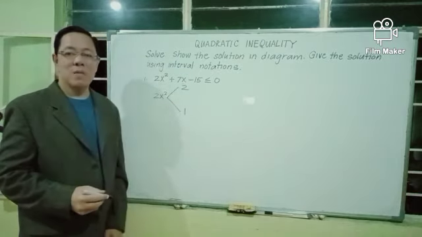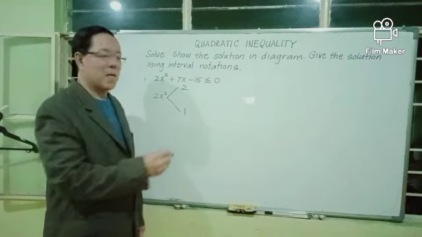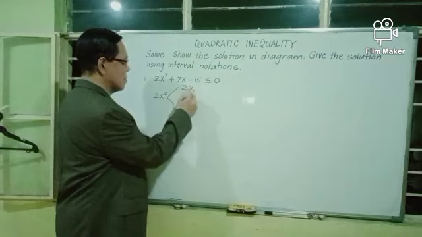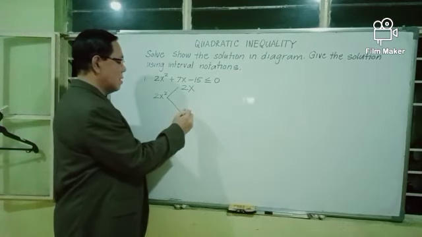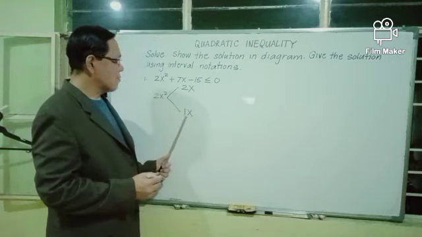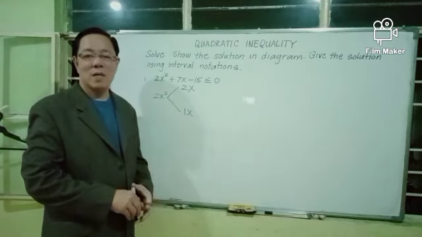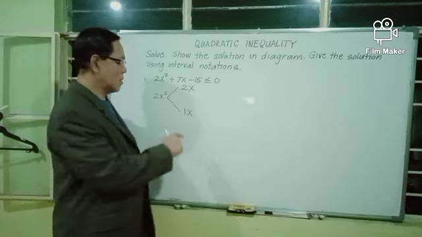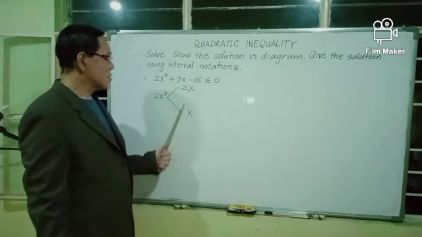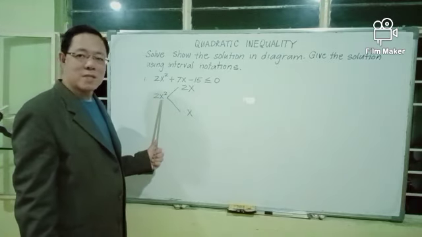And x squared can be factored as x multiplied by x. And 1 multiplied by x is x. If the coefficient is 1, it is customary that we do not write the coefficient 1 anymore. So we check: 2x multiplied by x is 2x squared.